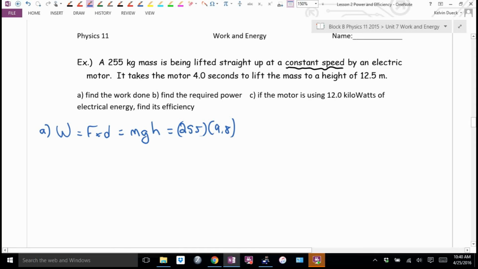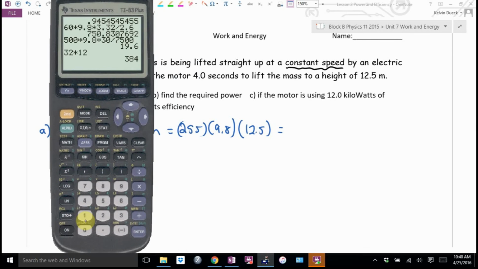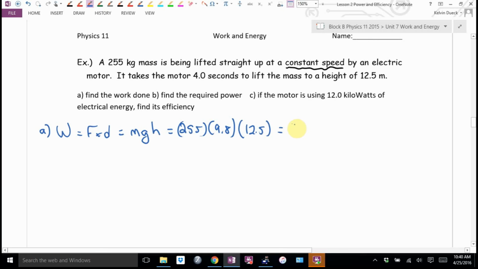Scalar. h, 12.5. 255 times 9.8 times 12.5 gives 31,237.5 joules of work. I'm going to write down 31,200 joules. I'll go to 3 sig figs. I'll round off, but I'll keep that number on my calculator.